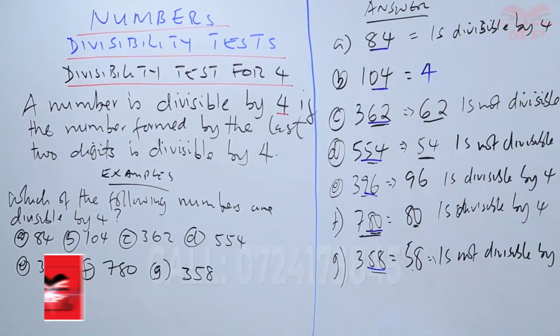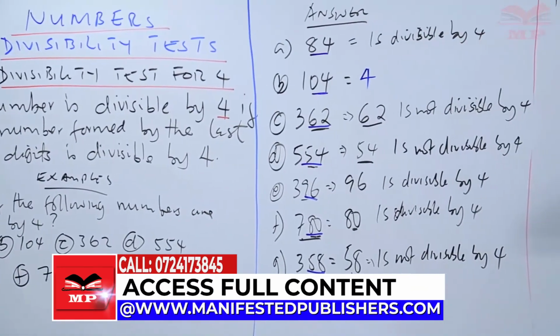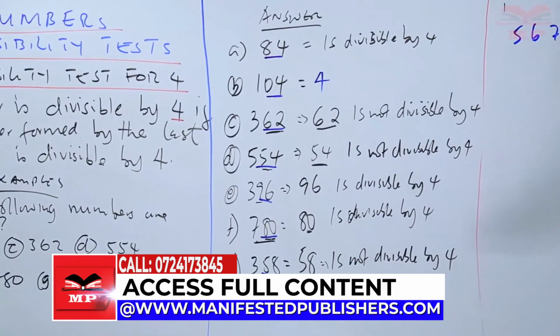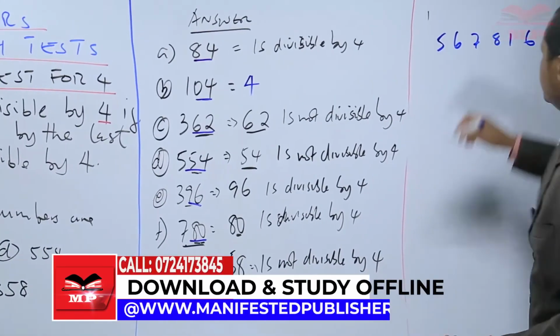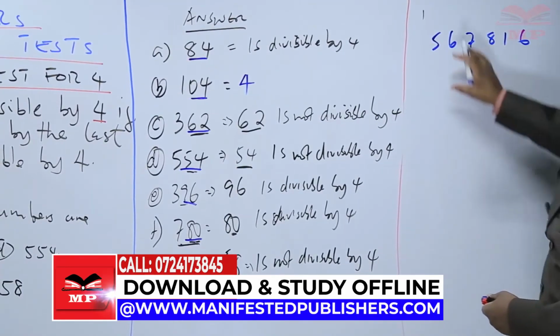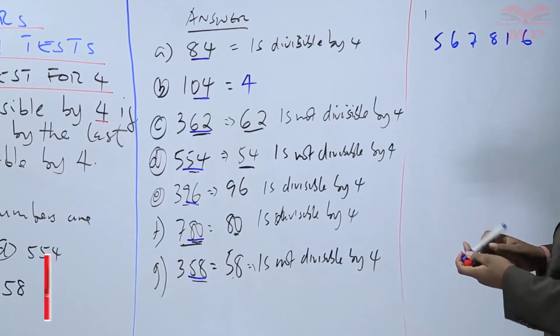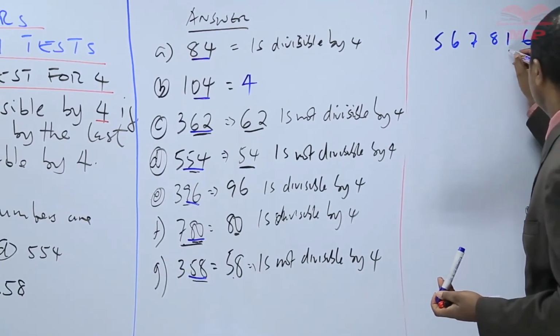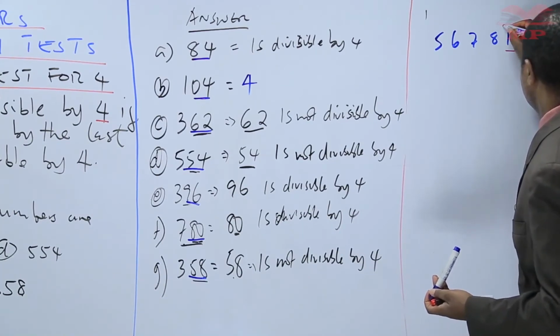You can have a long number, like say 5, 6, 7, 8, 1, 6. Instead of dividing to see if this number is divisible by 4, you only look at the last 2 digits. You only test for these 2 digits.